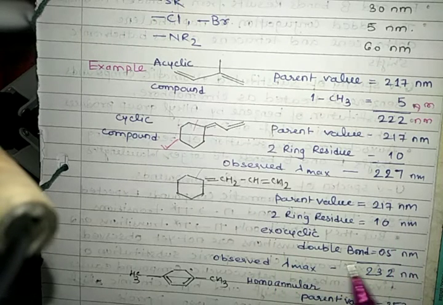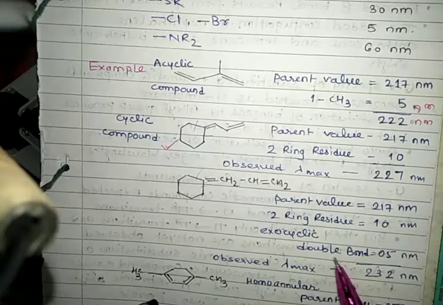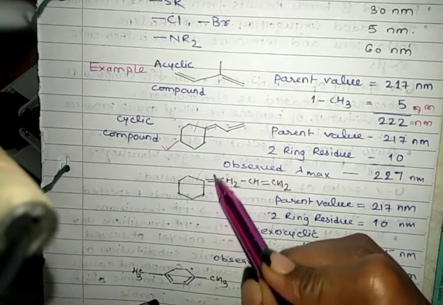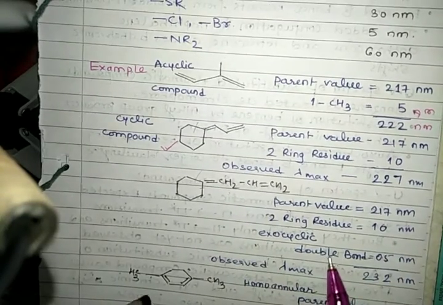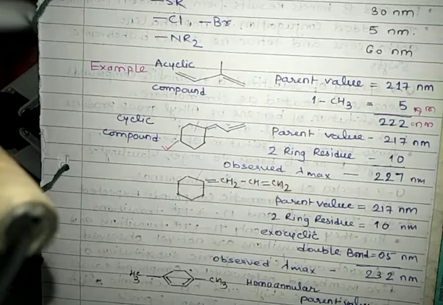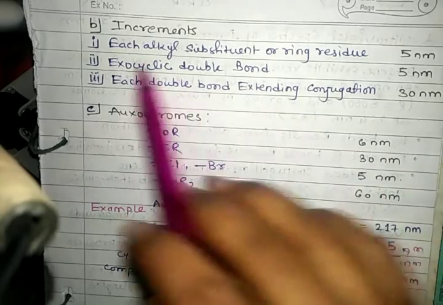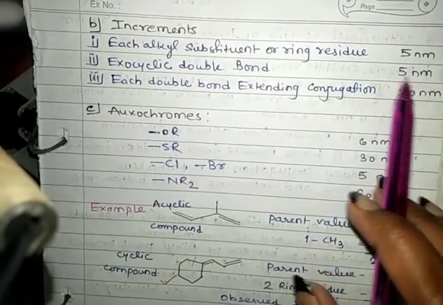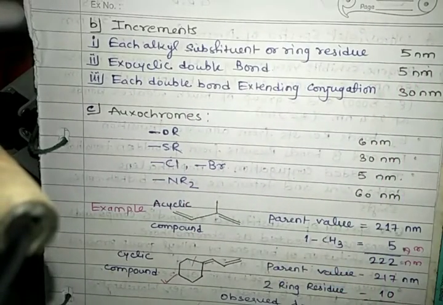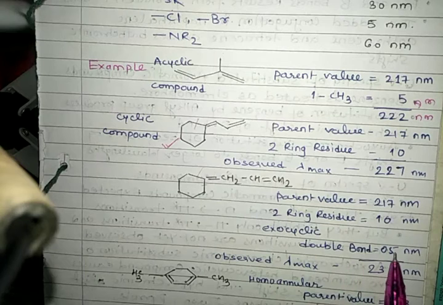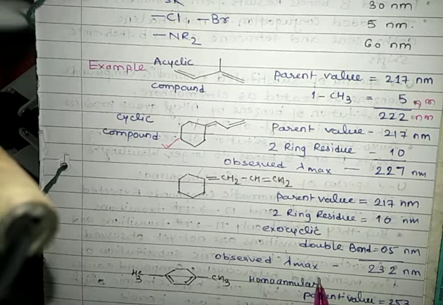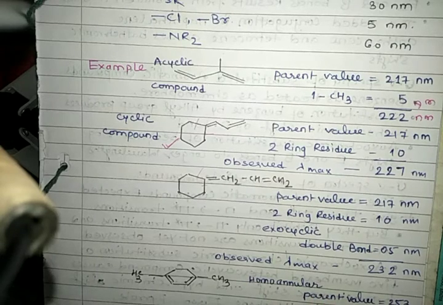And there is also an exocyclic double bond. For the exocyclic double bond we take 5 nanometer. So in total we get 232 nanometer observed lambda max.